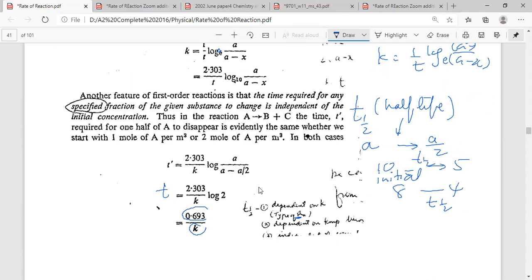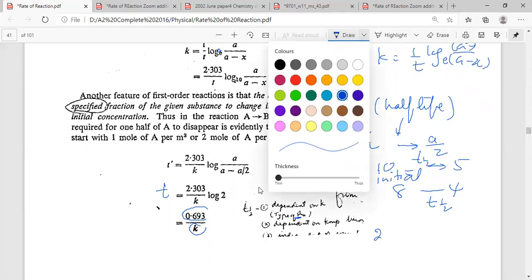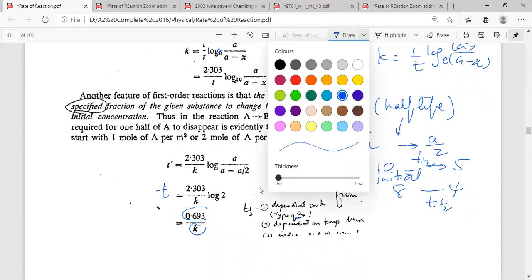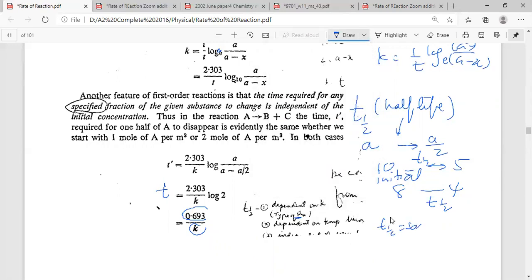That means you can prove it by showing 2 half-lives are the same. If the 2 half-lives are the same, that means it's first order.